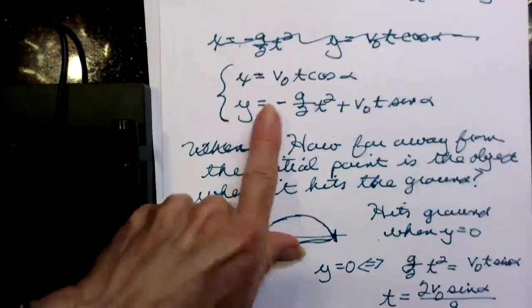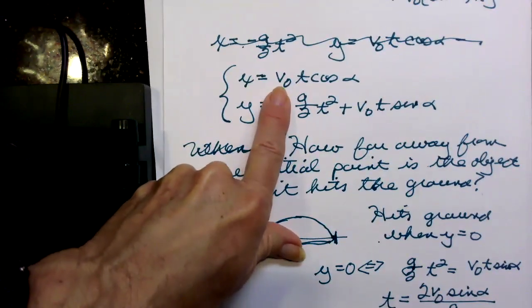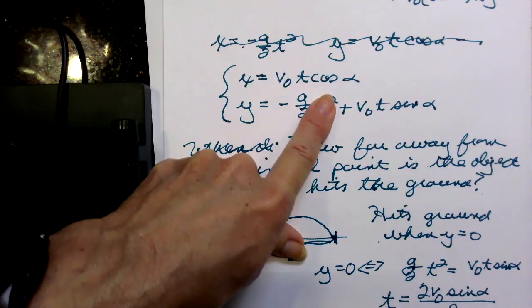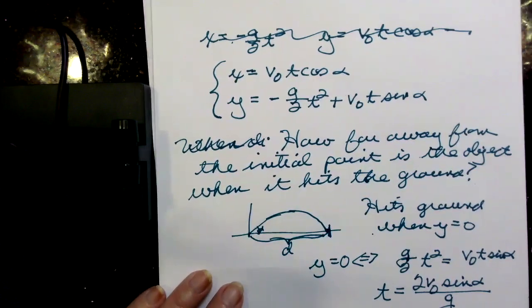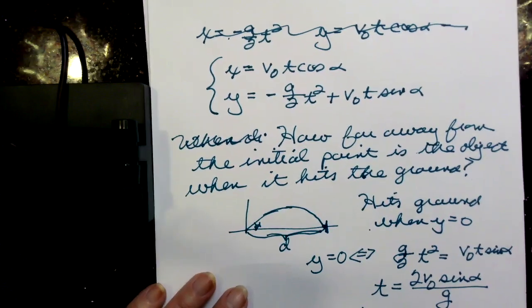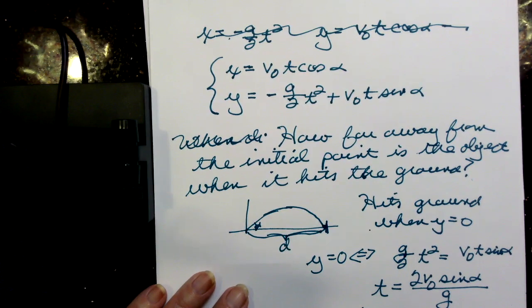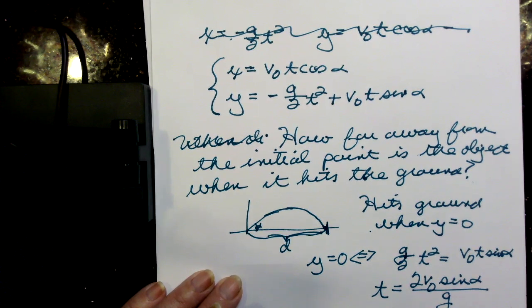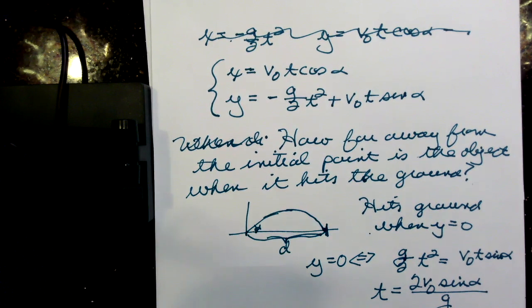And you can rewrite that using a little bit of trig, if you like to make it look prettier, as v0 squared sine 2 alpha over g. So that's the distance, how far away from the original spot the projectile hits the ground.